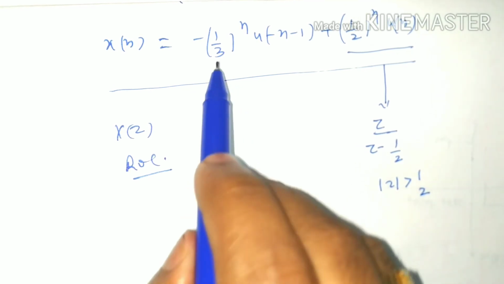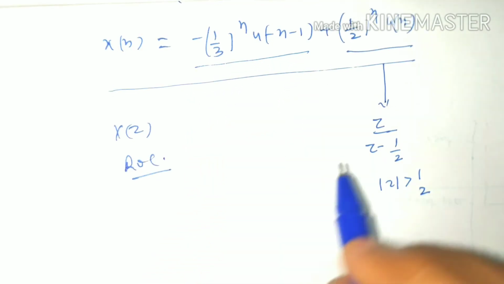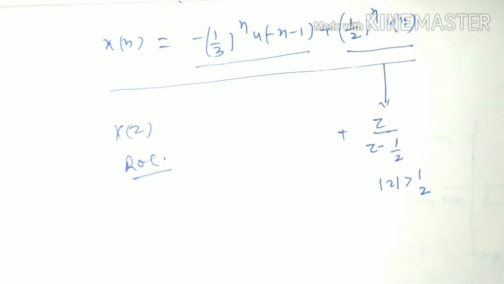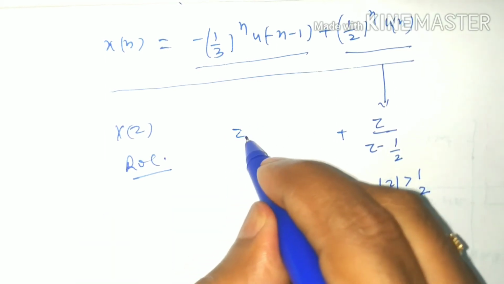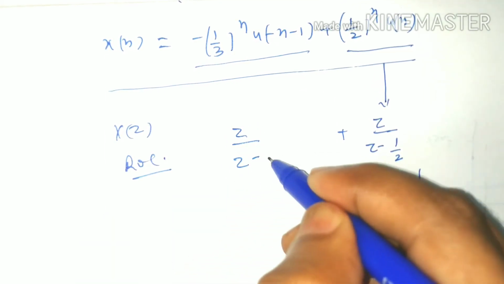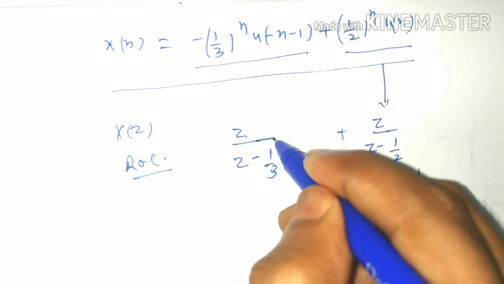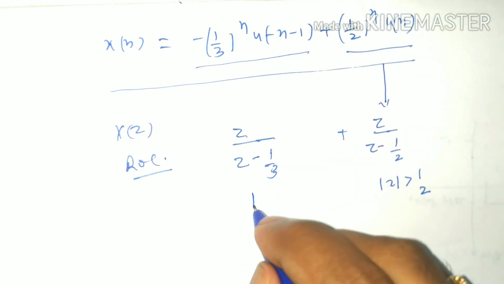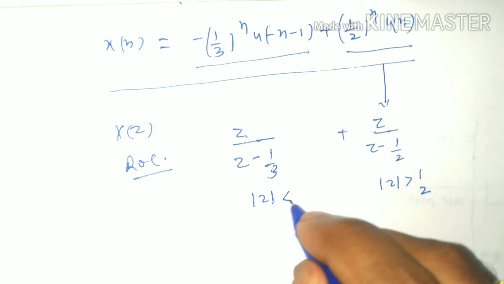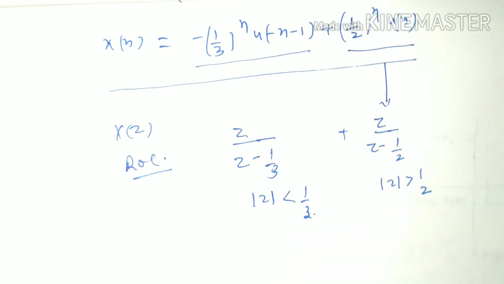And again, the other is a left handed sequence, so its Z transform will be Z by Z minus 1 by 3, and its ROC will be modulus of Z less than 1 by 3.